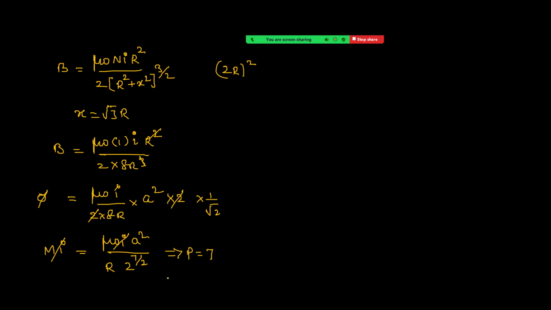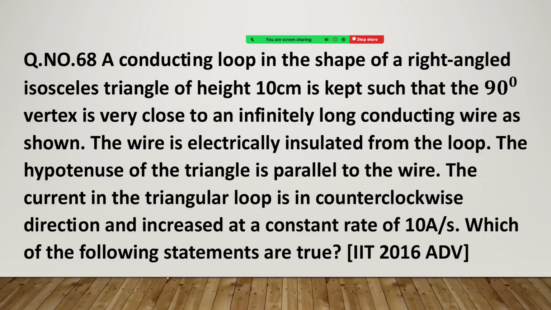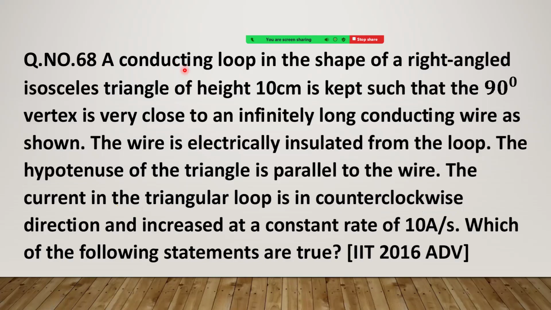Okay, let us see the next problem. Let's see what is given. A conducting loop in the shape of a right-angled isosceles triangle of height 10 centimeter is kept such that the 90-degree vertex is very close to an infinitely long conducting wire as shown.